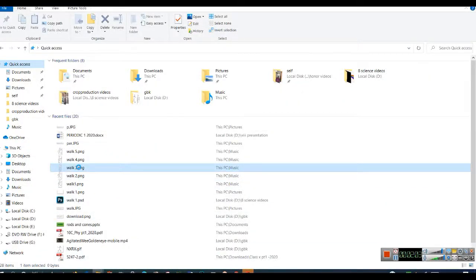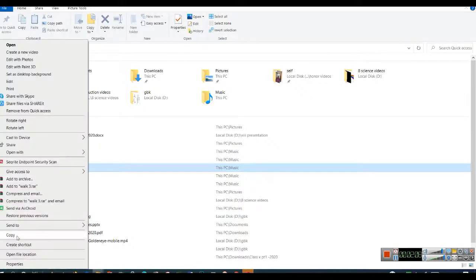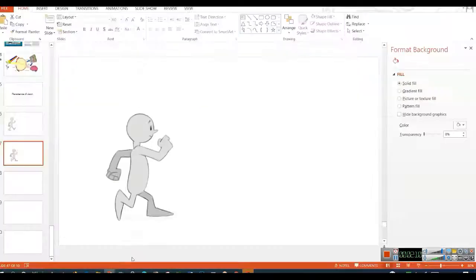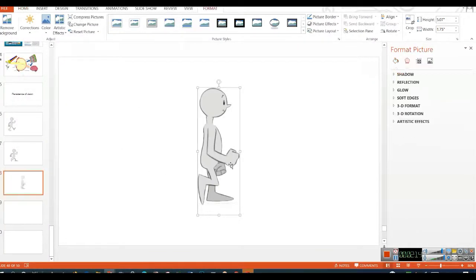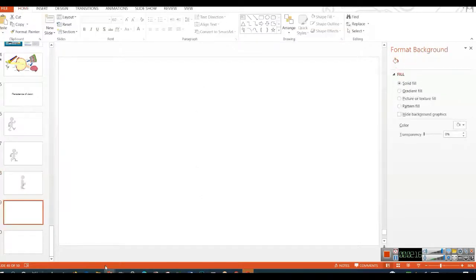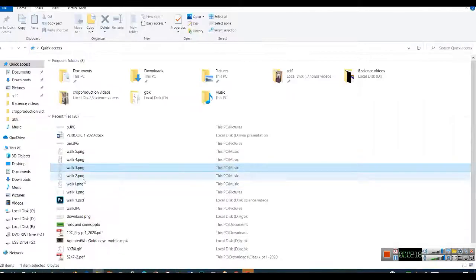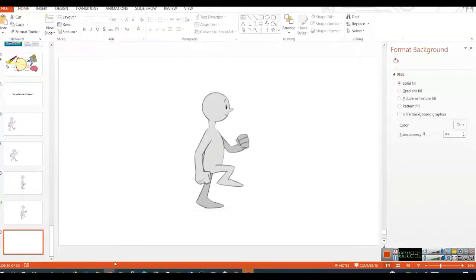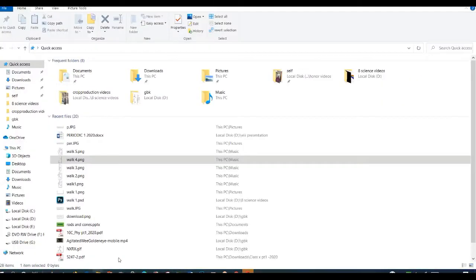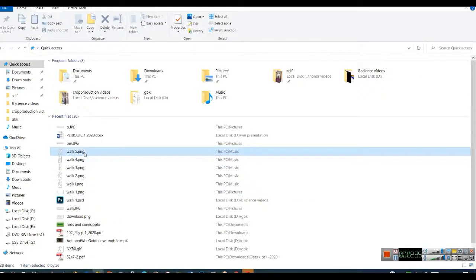The third one, I'll just copy it and bring it onto the PowerPoint slide. And which slide? The third slide, right? The fourth one, I'll just bring onto the next slide. And then the next one, I have only 5 sequences.